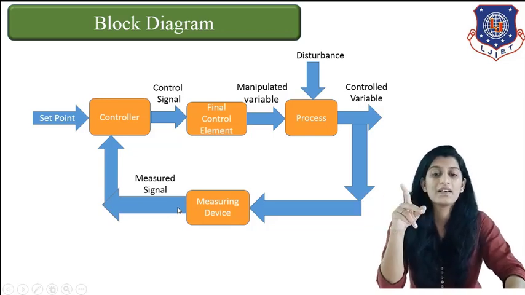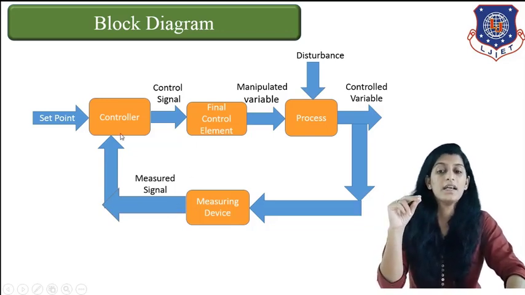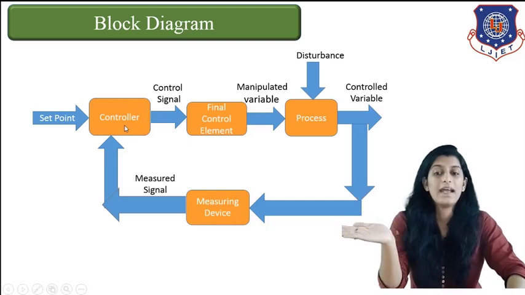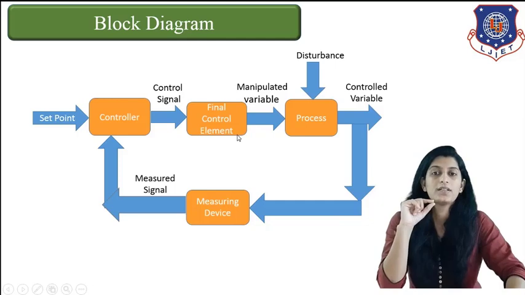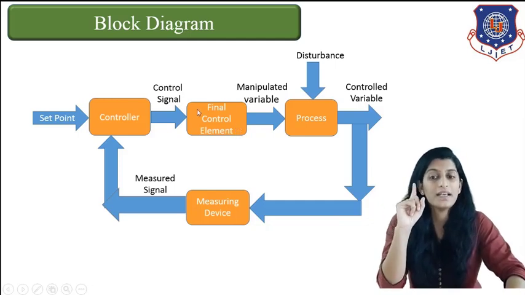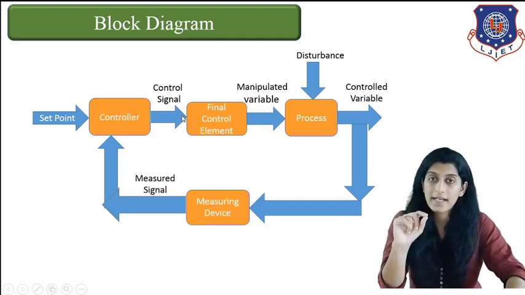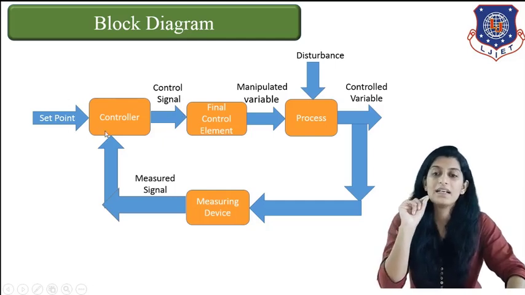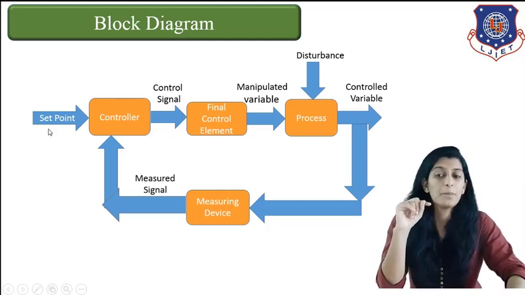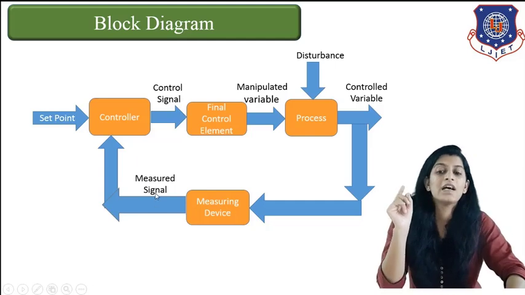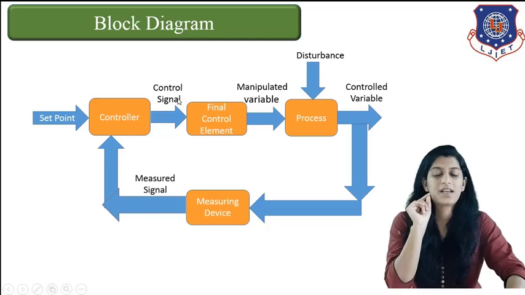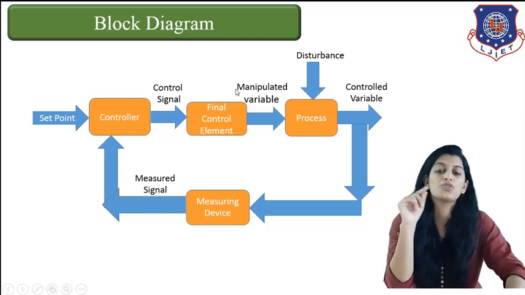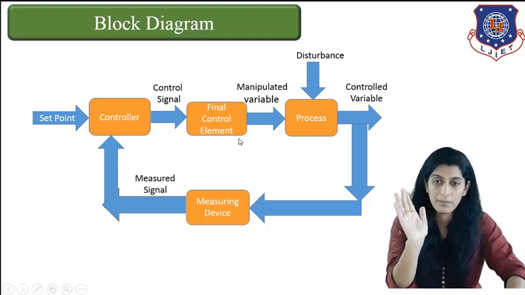Depending on the error generated, the error is then sent to the final control element. The error which is generated is known as control signal, correct? So the error is generated by comparing set point and measured signal. That error is known as control signal, and it is then sent by the controller to the final control element.